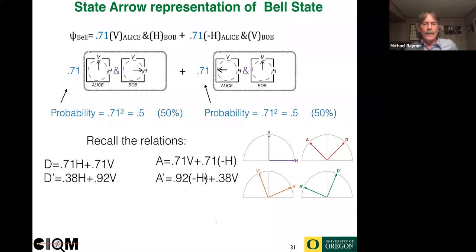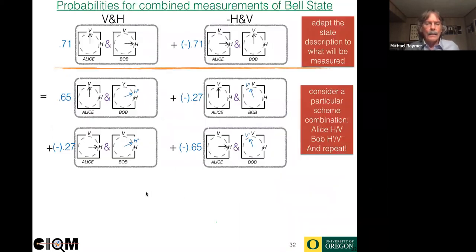Okay, recall these relations for D and A, and D prime, which is this minus 22.5 state, and this A prime, which is this minus 67.5 state. Okay. So now there's a lot of mathematics.